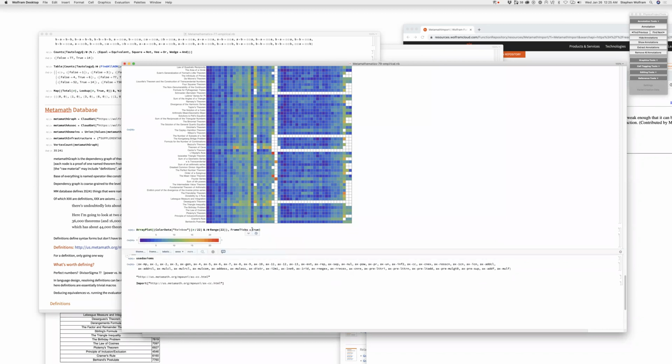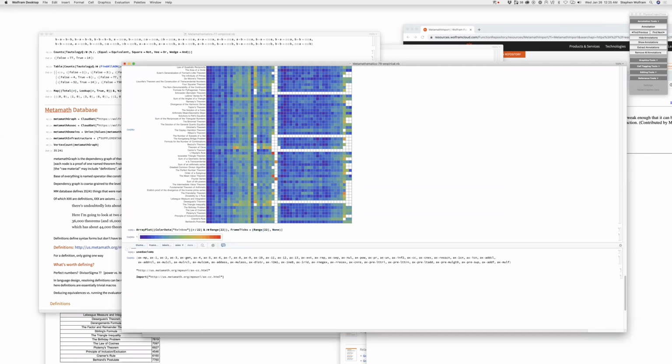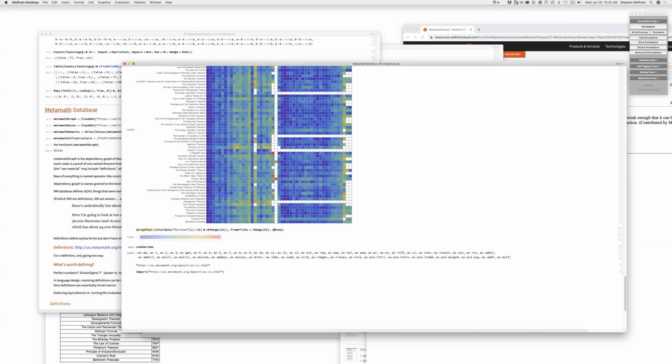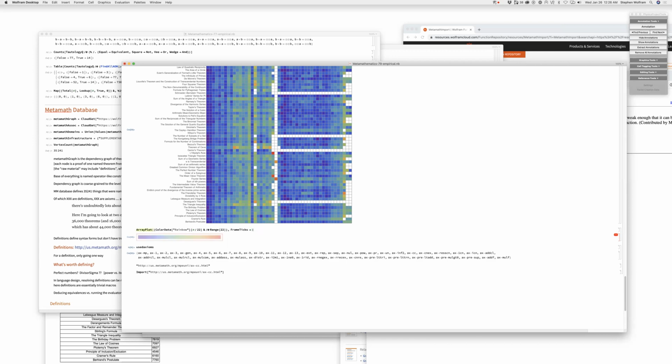And then we could say frame ticks arrow true, none.